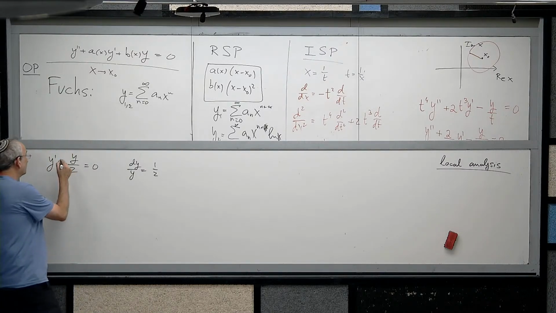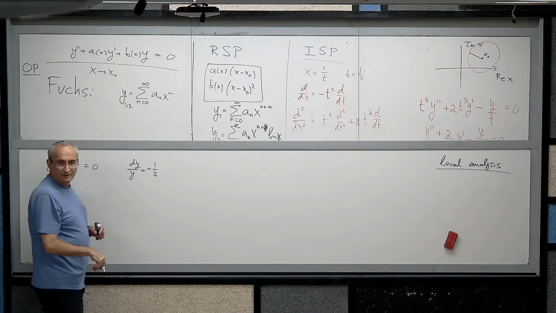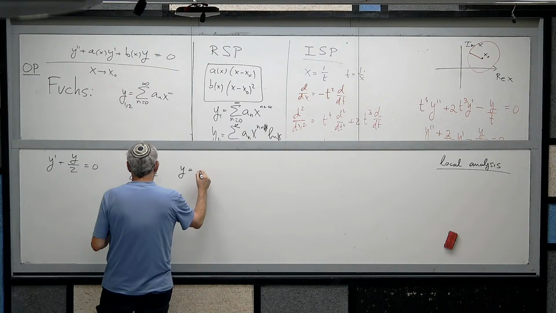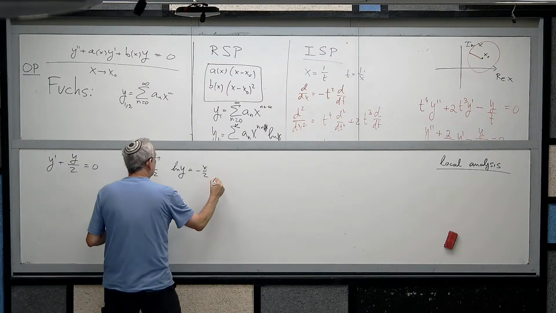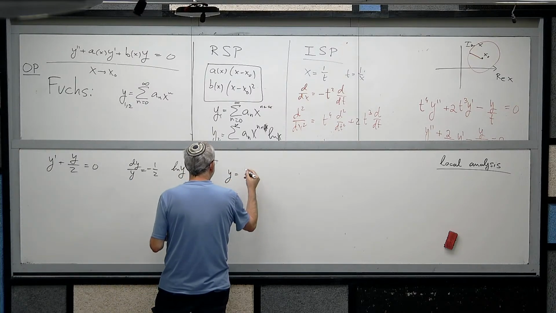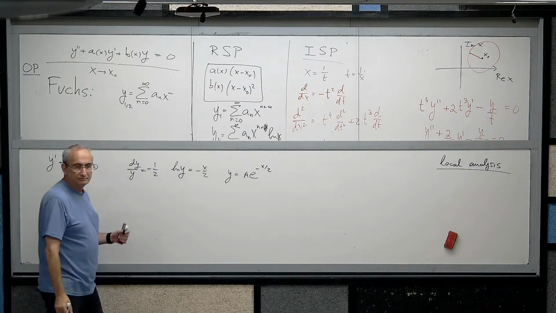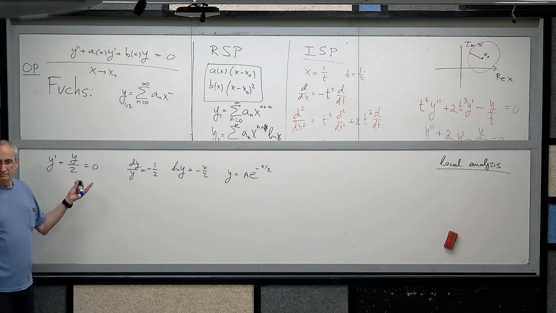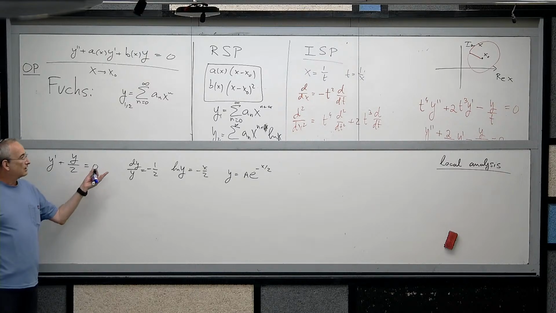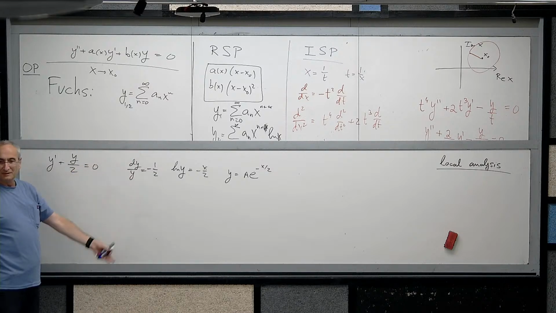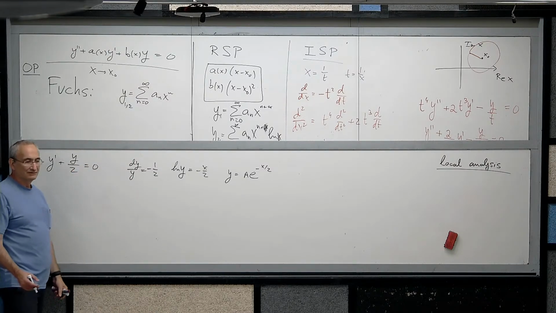Okay, let me write it with a plus. Which implies that ln y is minus x over 2, which means that y is some constant a times e to the minus x over 2. This is how the function looks, and now we can understand how the Taylor series will look. It's just an expansion of e to the minus x over 2. Good.